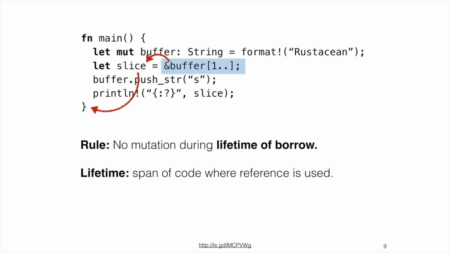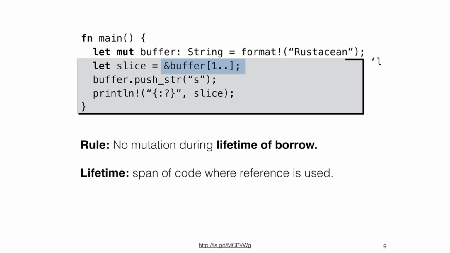And we're going to figure out how long, this is called the borrow's lifetime, that reference is in scope or going to be used, right? So here we see that the reference is created by the ampersand expression. It gets stored in this slice variable. The slice variable is in scope until that closing brace. So that means this is the lifetime of our borrow.